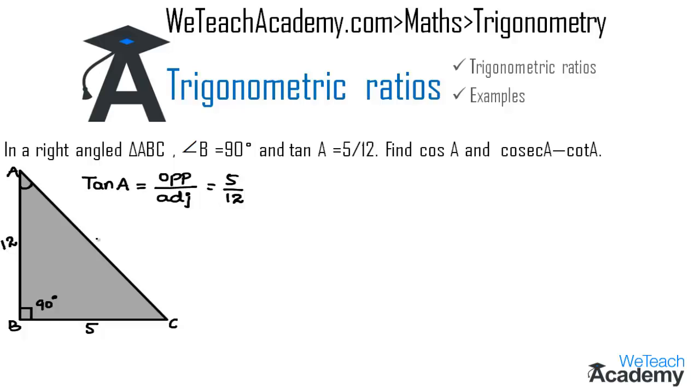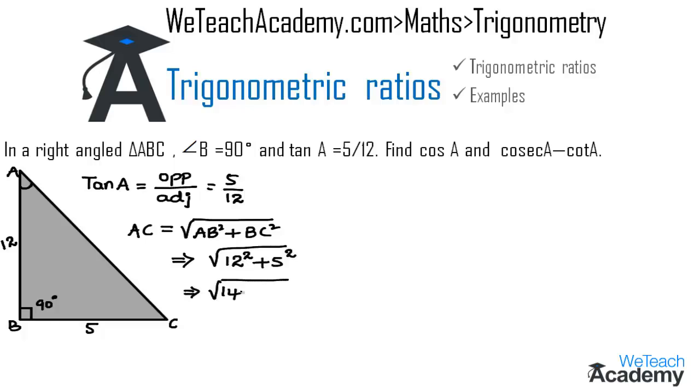Now let us find the value of the hypotenuse side AC. We can find it by using the Pythagoras theorem, that is AC is equal to under root AB square plus BC square. Substituting the values of AB and BC, we get under root 12 square plus 5 square, which is under root 144 plus 25.